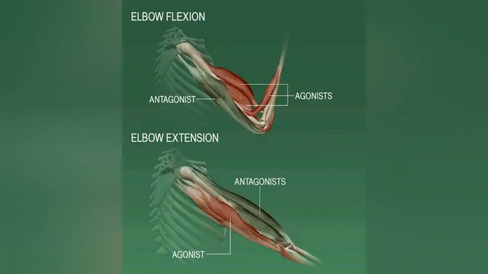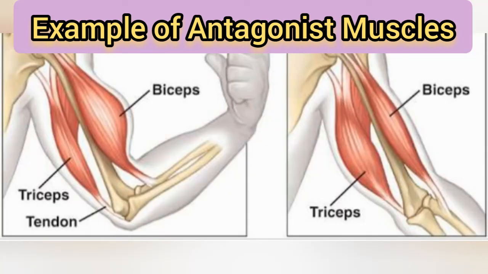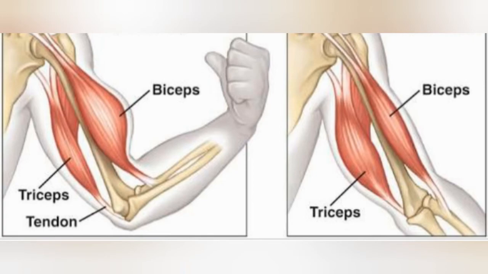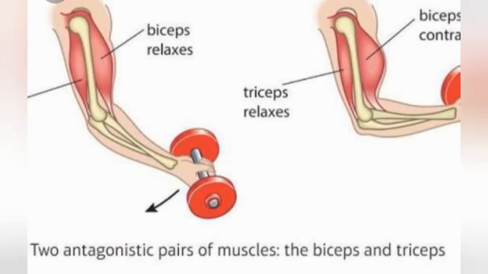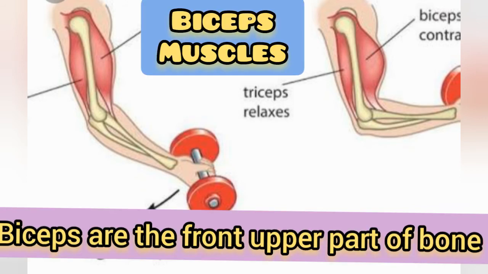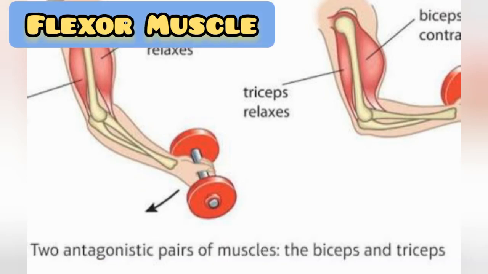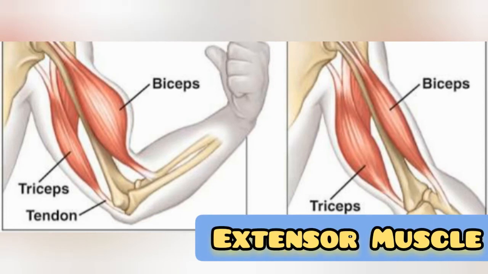So let's take an example of the function of antagonist muscles in the elbow, which are the biceps and the triceps. The triceps is present at the back of the arm, and the biceps is at the front of the upper arm, as you are seeing in this picture. The biceps is a flexor muscle and the triceps is an extensor muscle.